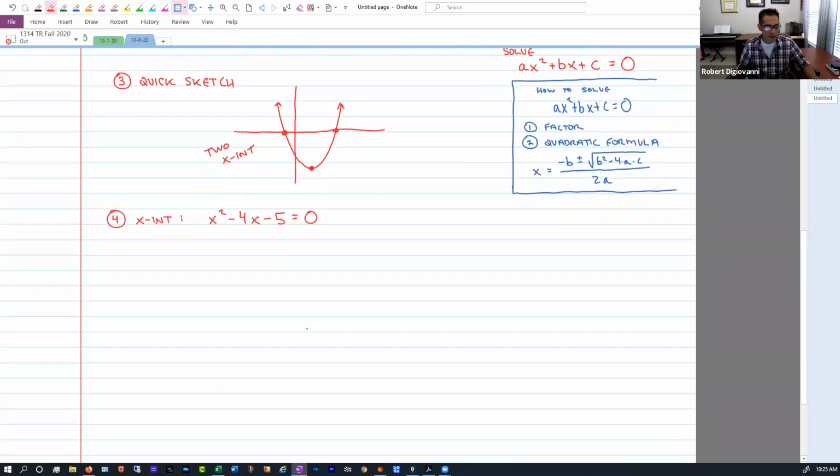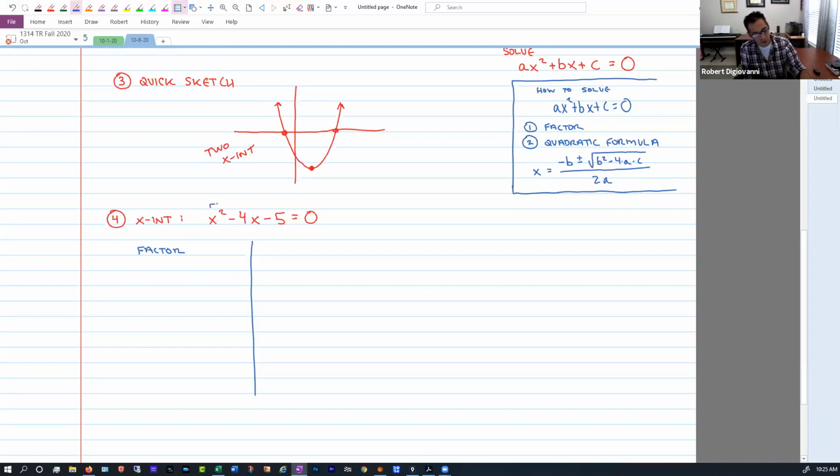And now I'd like to solve that equation. I'm going to do it both ways. First way, I'm going to factor. And again, if you don't recall how to factor, don't worry, because you're going to have the quadratic formula. But I just want to show everyone how fast this is if you're comfortable with factoring.